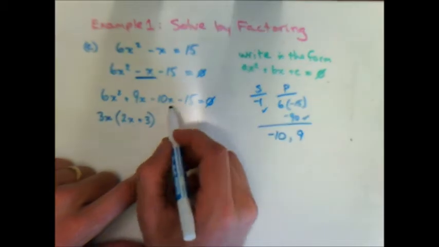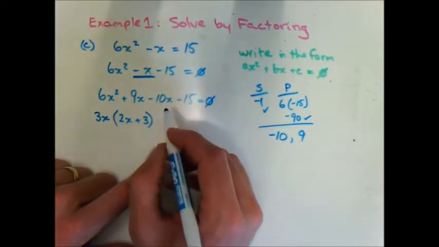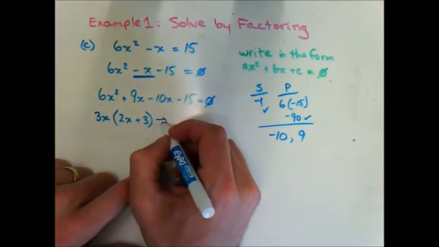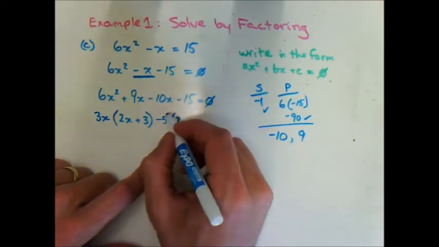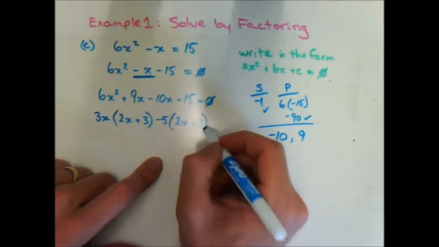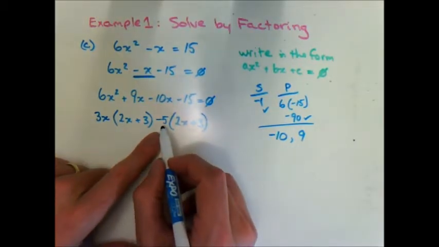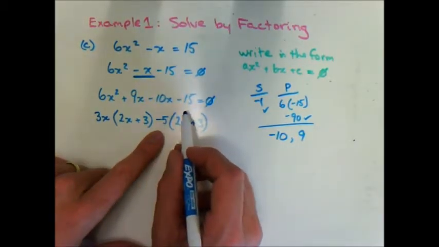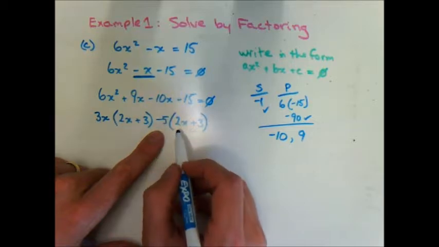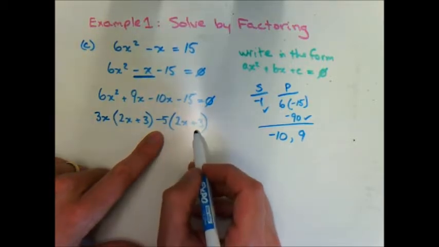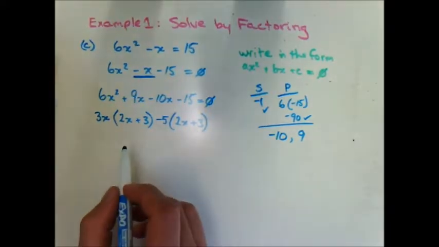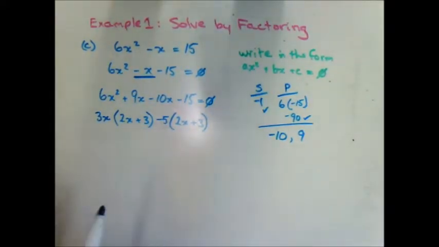Now in our next set of terms, we can pull out just -5, which is going to leave us with positive 2x plus 3. Remember, we're thinking, what do I need to multiply by -5 to get back up to -10x? Well, that's 2x. Or what do I need to multiply by -5 to get back to -15? Well, that's positive 3.